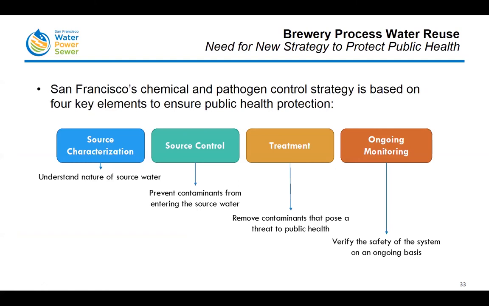Those components include source characterization, source control, treatment, and ongoing monitoring. And this chemical and pathogen control strategy is really to help breweries and provide guidance on using that processed water for cleaning applications, as well as a source water for the beer itself.